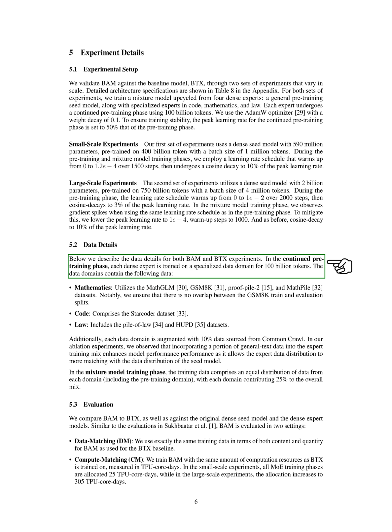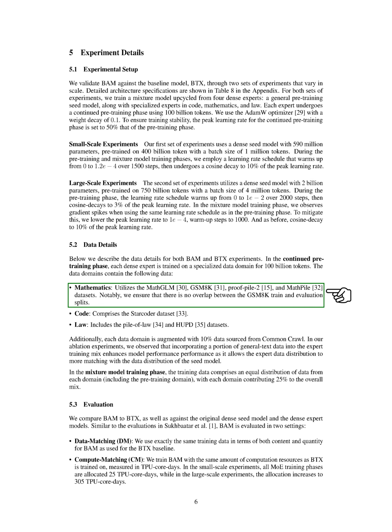Next, we detail the data used for both BAM and BTX experiments. Each dense expert is trained on specialized data domains for 100 billion tokens. The mathematics domain includes datasets like MathGLM, GSM8K, ProofPile2, and MathPile, ensuring no overlap between the training and evaluation splits of GSM8K.